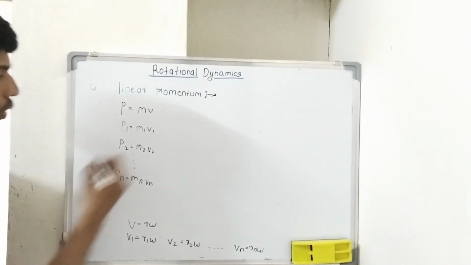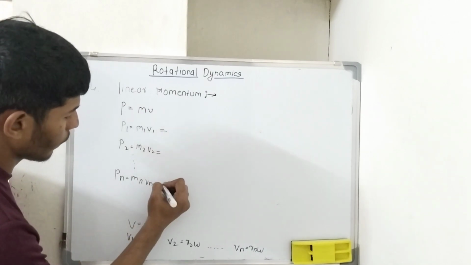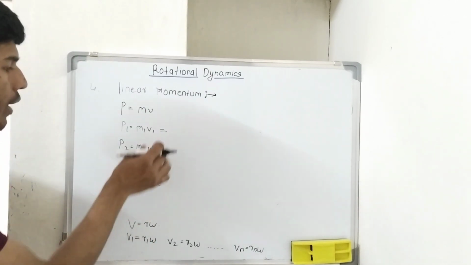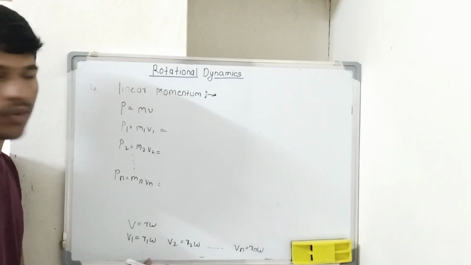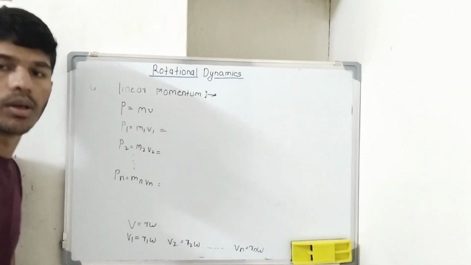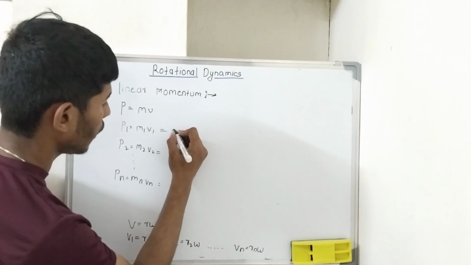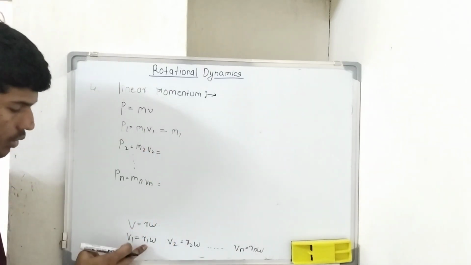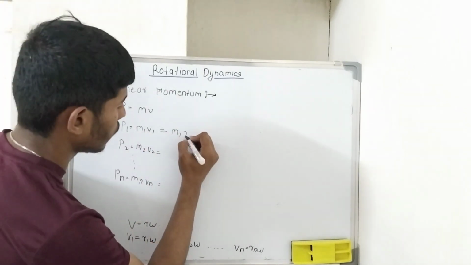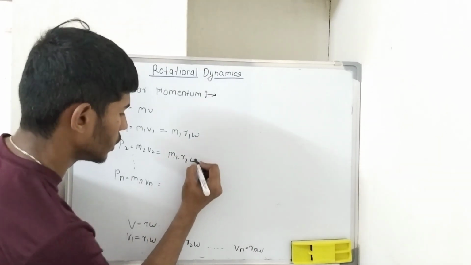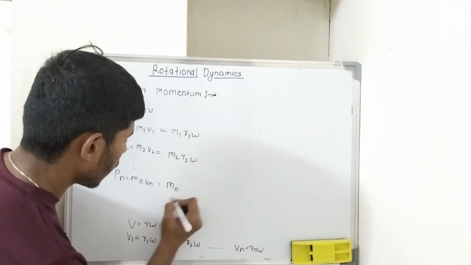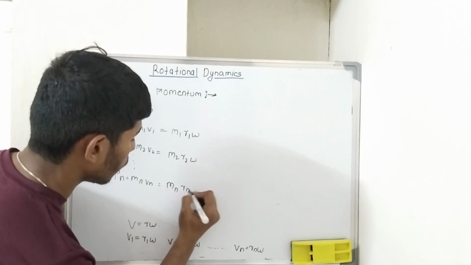Now, whatever value of v we found in this expression, we have to put in the momentum. So it will be m1, and v1 was r1 omega, so m1 r1 omega. Similarly m2 r2 omega, and for the nth momentum it will be mn rn omega.